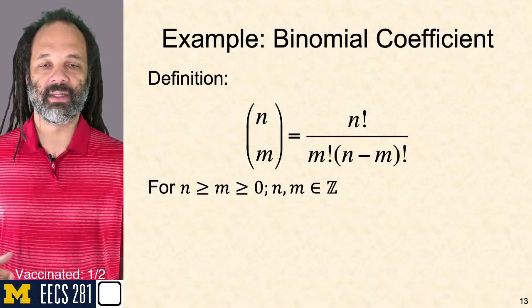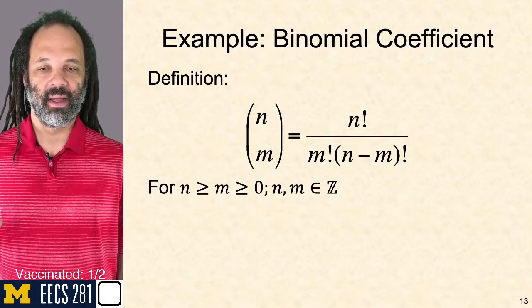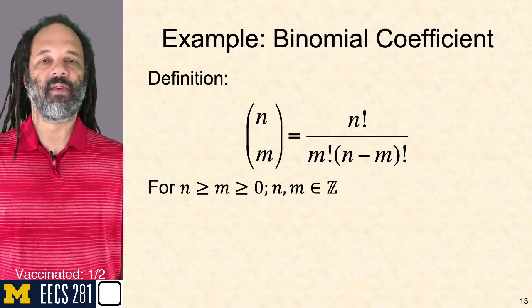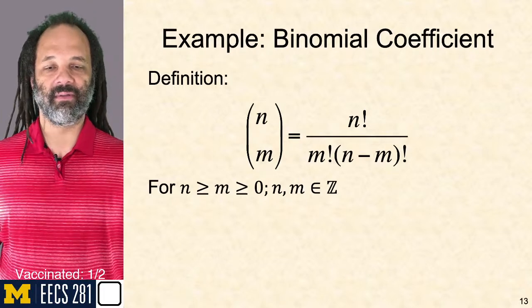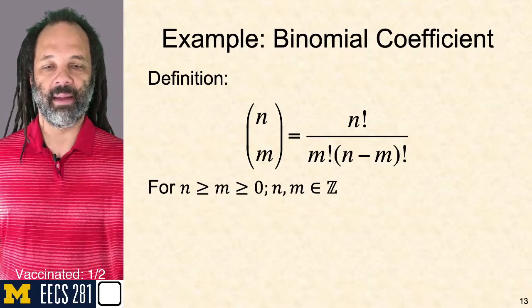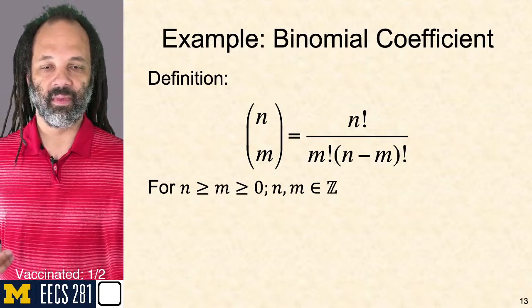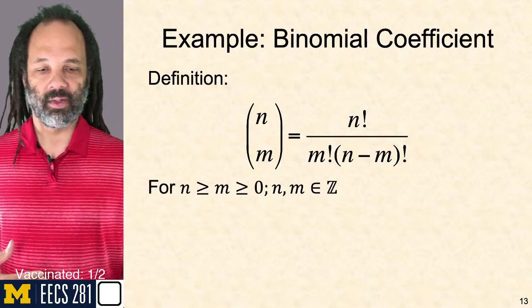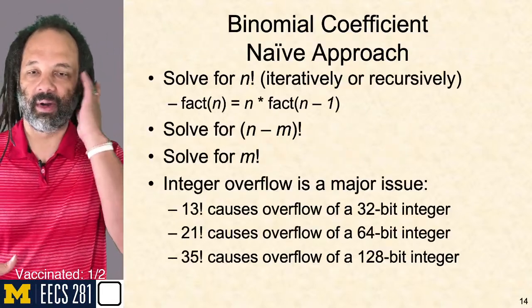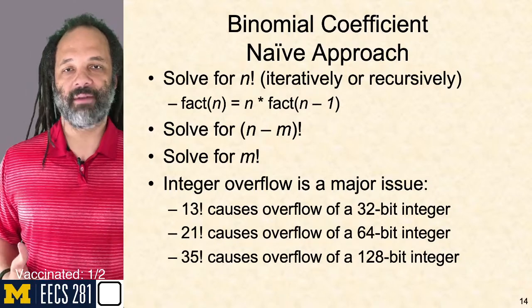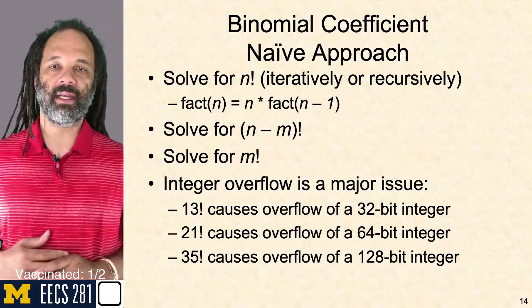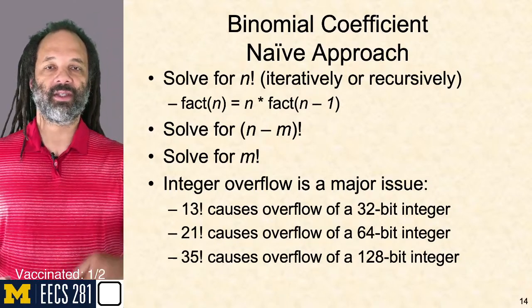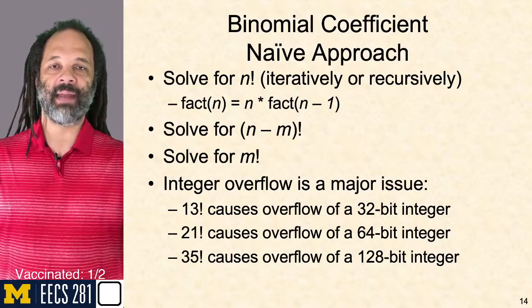That's really nice. We can see that as something that is fairly elegant. N factorial divided by m factorial times n minus m factorial. That's great. There's a problem with calculating it, however. If I were to just write factorial, that's fairly easy to do. I know that n factorial is just n times n minus 1 factorial.